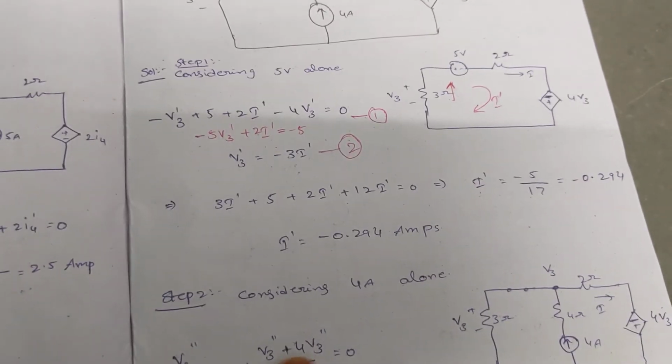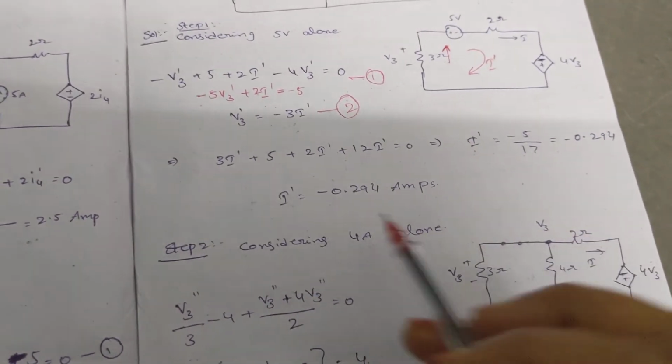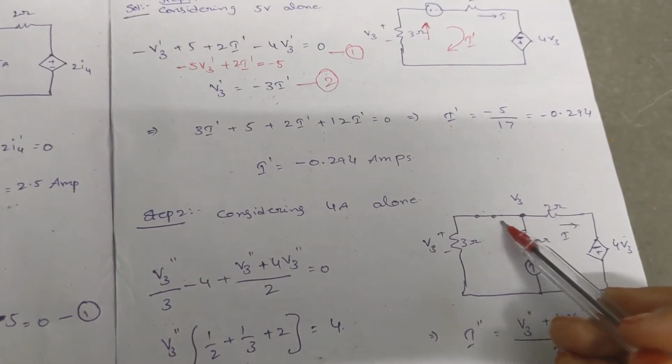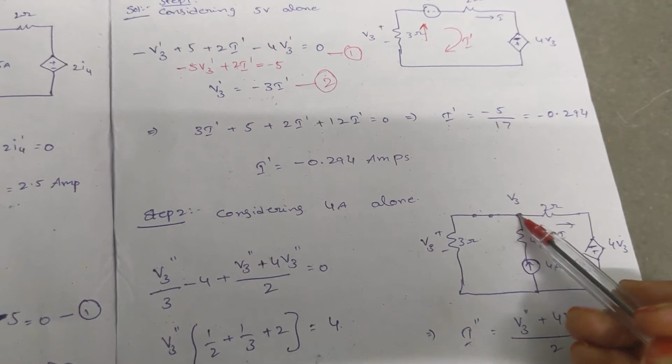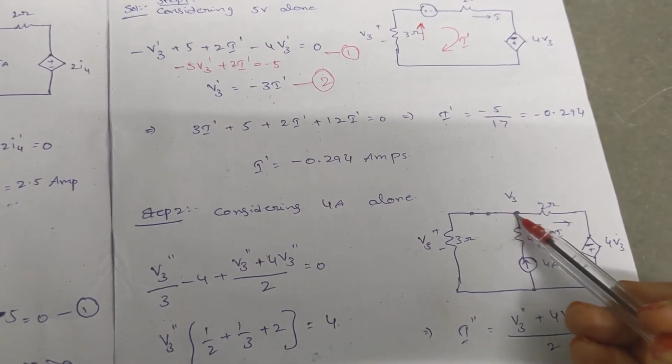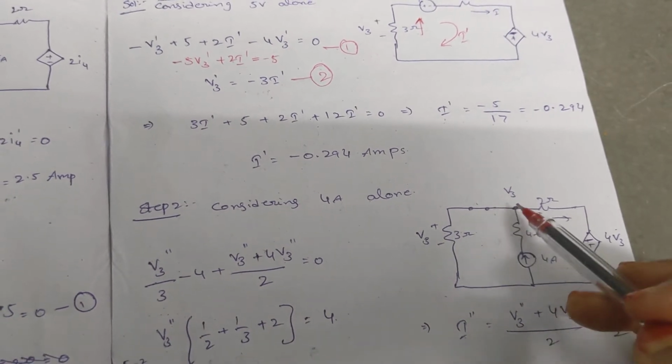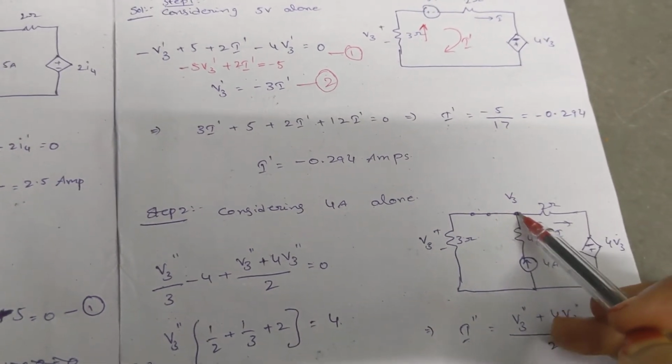In the second step, I will consider only the current source. Here the voltage source will be short circuited. When it is short circuited, I simply apply the nodal analysis instead of mesh analysis because I have a single node here, so it is easy to apply.